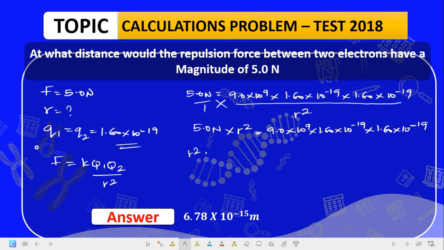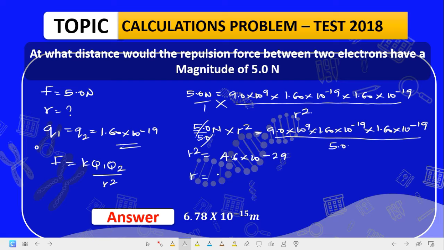So our r squared would be equal to, where you multiply everything there, what are you going to have? First of all, let's divide both sides by 5.0. We cancel this, and r squared will be equal to, simplifying everything here, pressing it on your calculator, 4.6 times 10 raised to the power of minus 29.